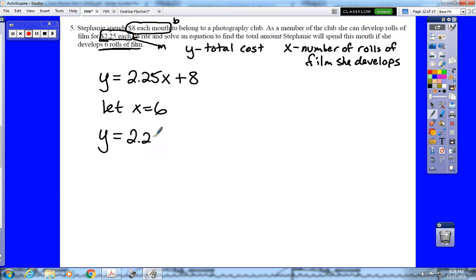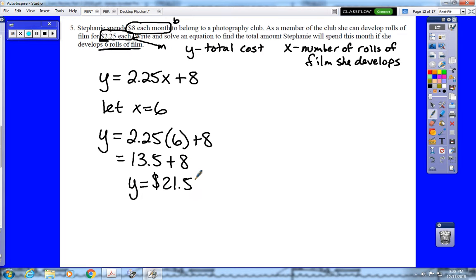So 2.25 times 6 plus 8. 2.25 times 6 is what? $13.50. I guess I better check that. $2.25 times 6 rolls of film is $13.50, plus $8 means that she will spend $21.50 to develop that many rolls of film.